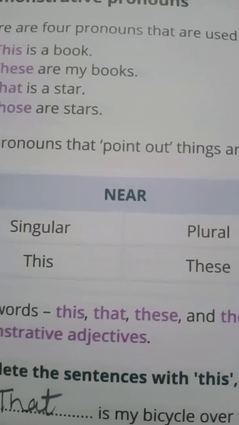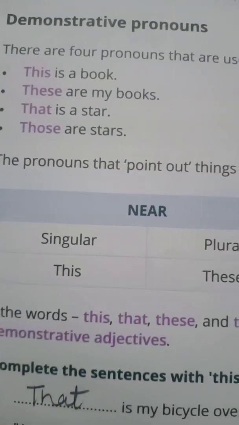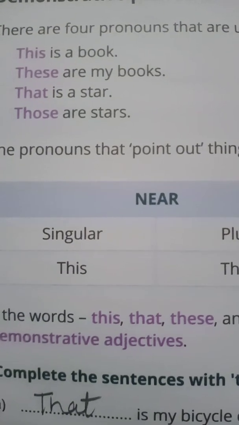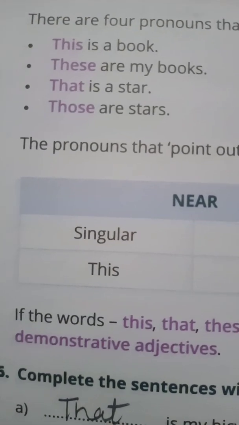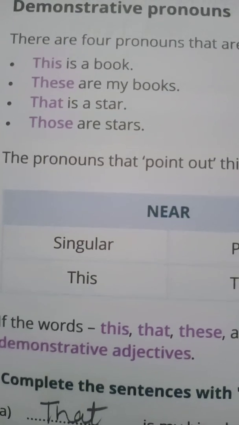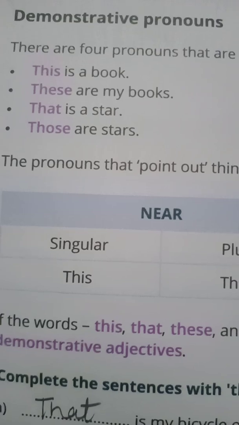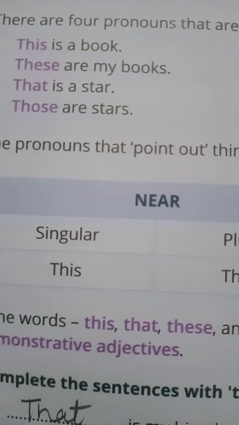Now let's see what's the difference between the 4 of them. This stands for a singular pronoun. That also stands for a singular pronoun, but this is used when that singular pronoun is near to us, and that is used for the singular pronoun which is far away from us.